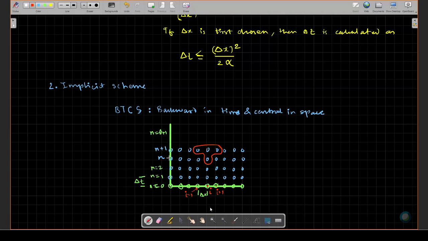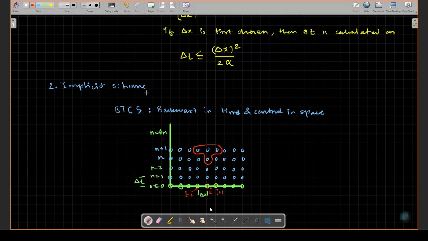In time, you are using backward in time, because you know the present and then you take backward in time. In the previous case it was forward in time, so the spatial values were at the nth level. With backward in time, the spatial values will be at the n plus 1th level.